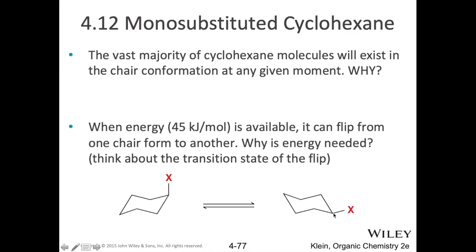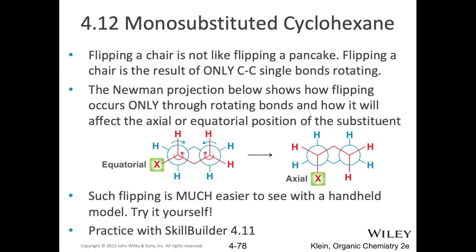If it's a down carbon but an up group, remember, down, up is equatorial. So we went from an axial group here to an equatorial group here. That's something to keep in mind: doing a ring flip switches your substituents from axial to equatorial and equatorial to axial.